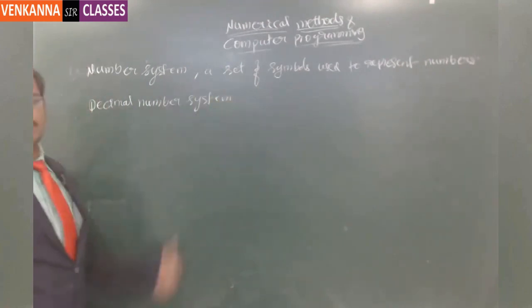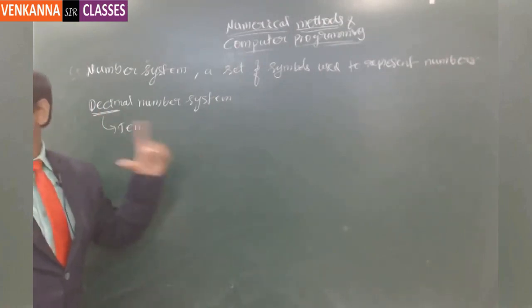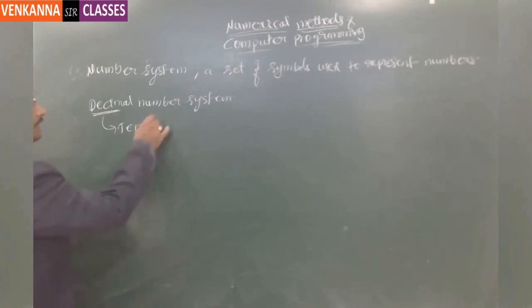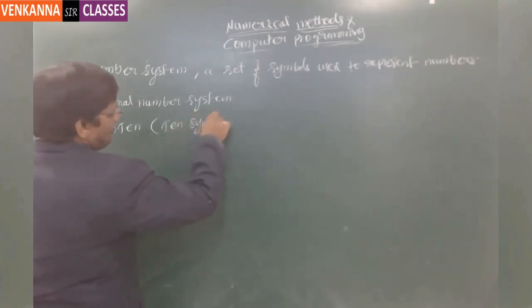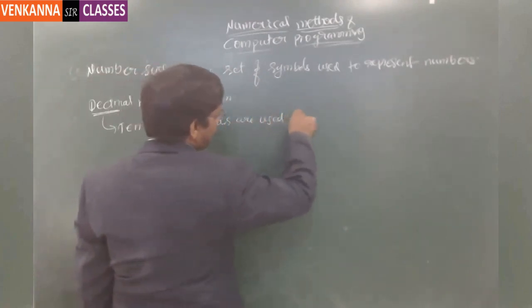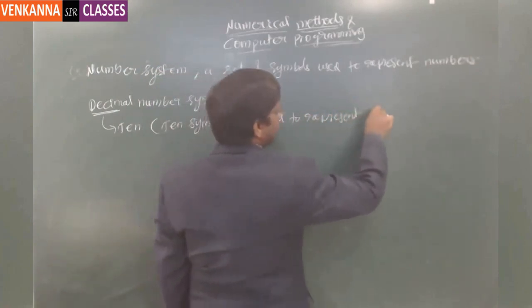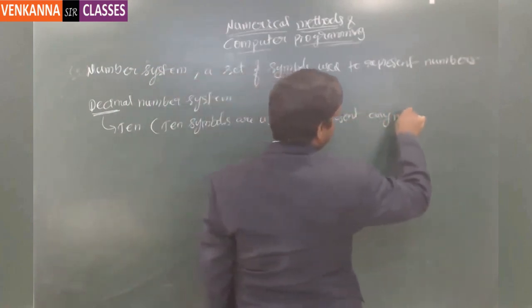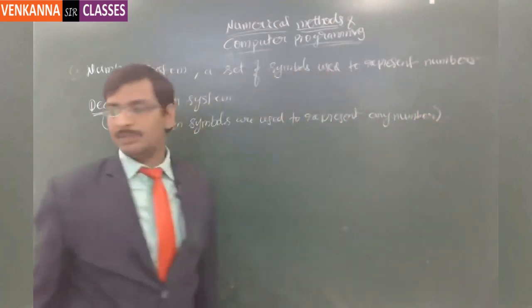Deci means 10, so we make use of 10 different symbols to represent any number. This is what is called the decimal number system.